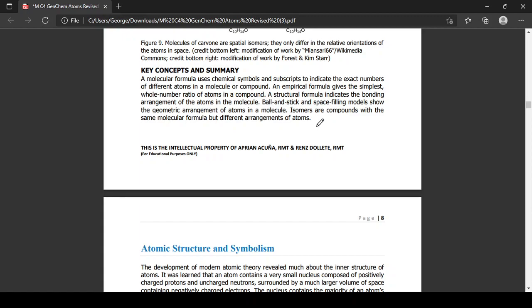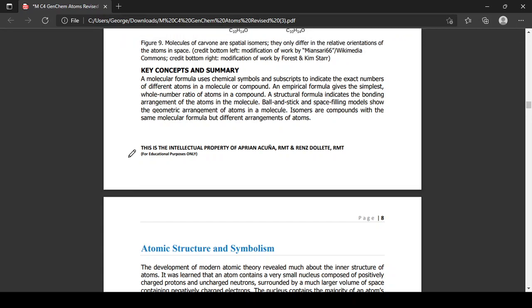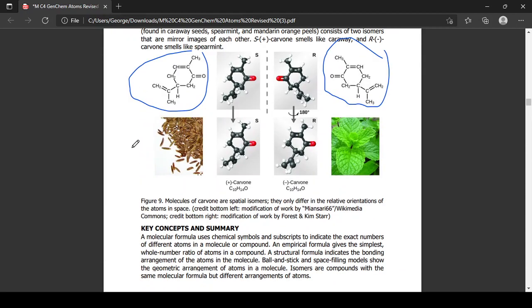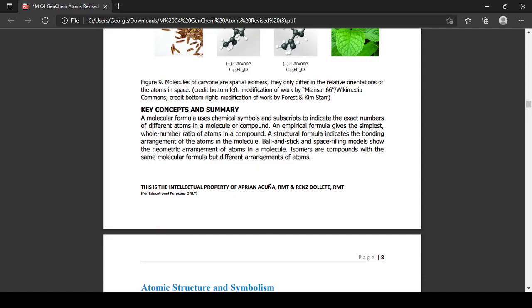Ball and stick and space-filling models show the geometric arrangement of atoms in a molecule, and isomers are compounds with the same molecular formula but different arrangements of atoms, because isomers have distinct differences but the same molecular formula. And that will be all, kids, for our lesson on empirical formula. Thank you for listening, kids, and have a good day.